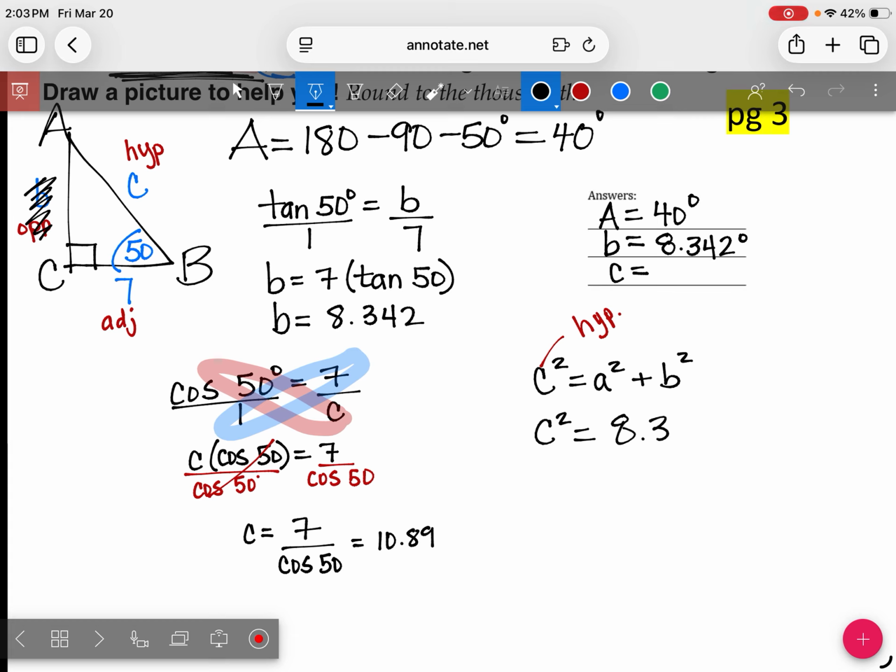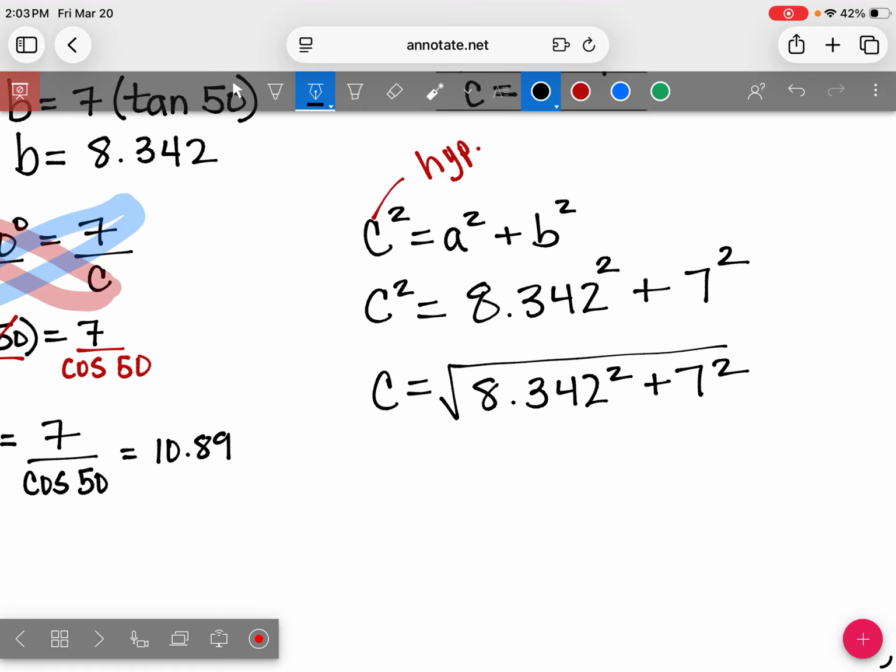8.342 squared plus 7 squared. So that means C is going to be the square root of 8.342 squared plus 7 squared. Go ahead and type that in your calculator.